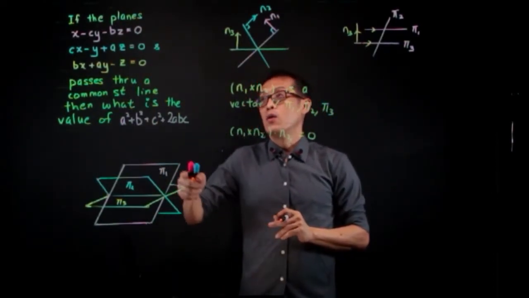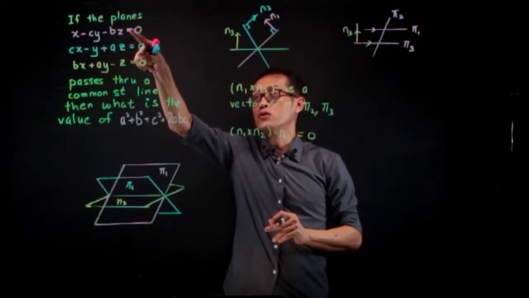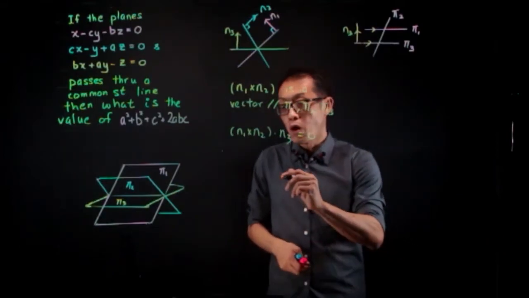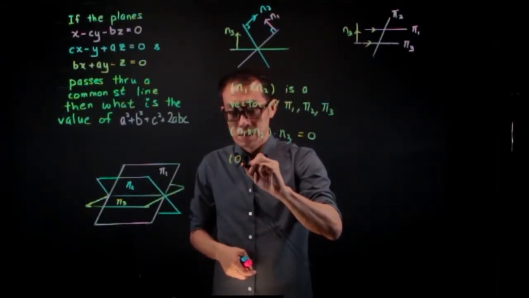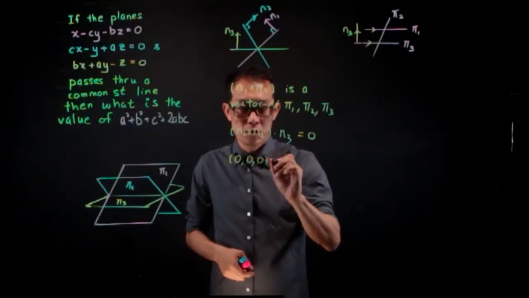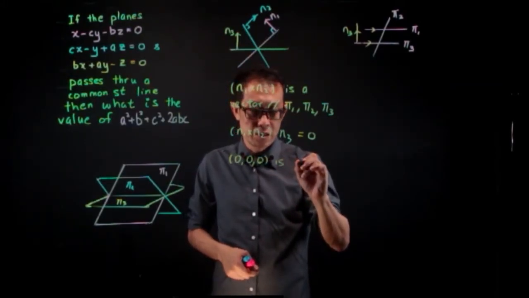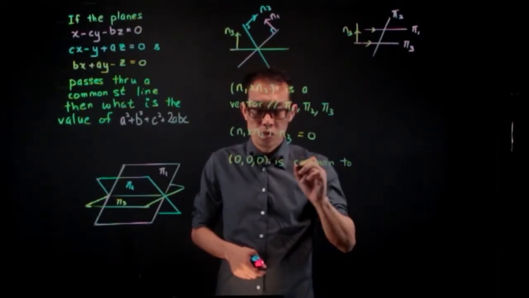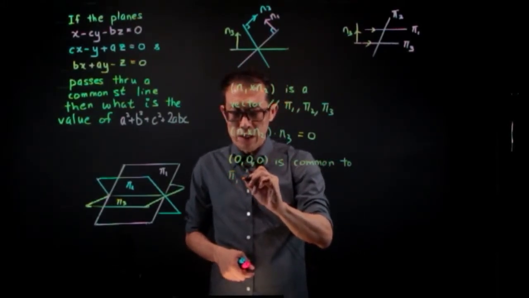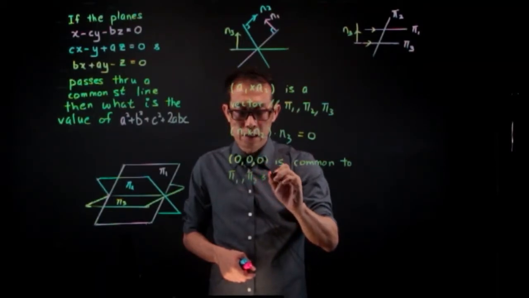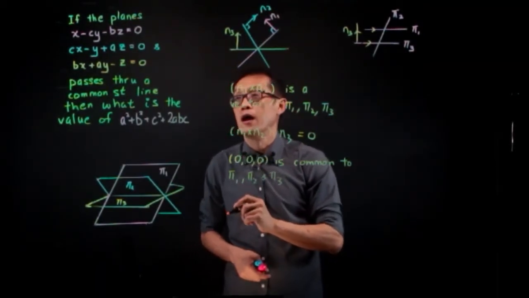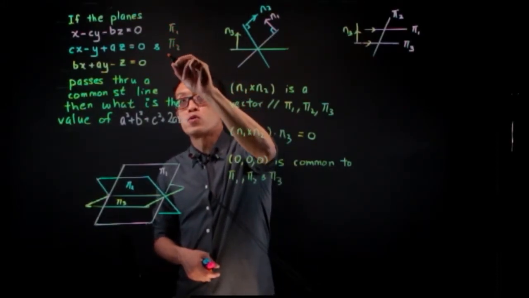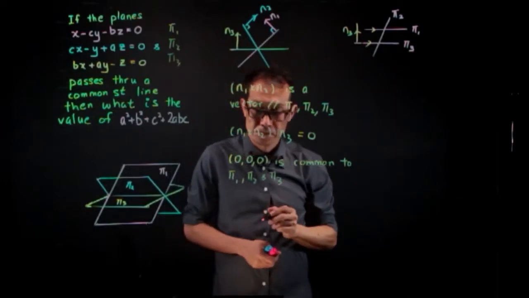Since this part equals 0, the origin is common to all three planes, pi 1, pi 2, and pi 3.